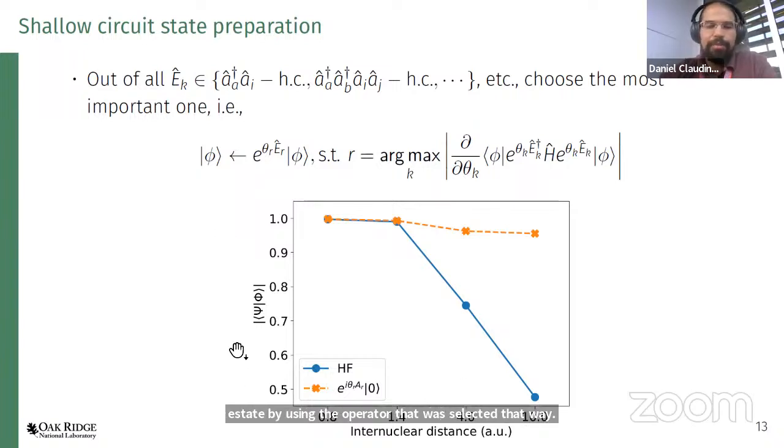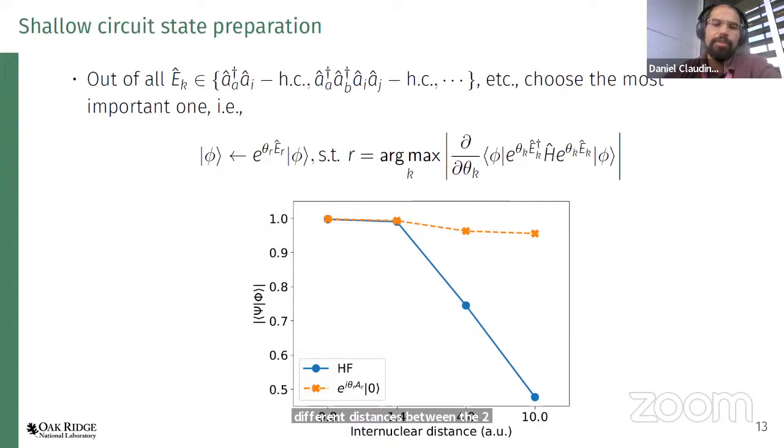And here we show what happens if we stick with the mean field solution. This is a simple hydrogen molecule problem, and this is not to scale, but I would say this range of different distances between the two hydrogen atoms is very representative of the different ways in which the electrons behave.